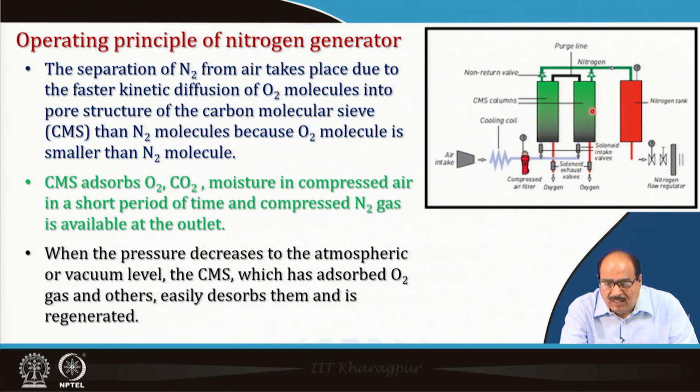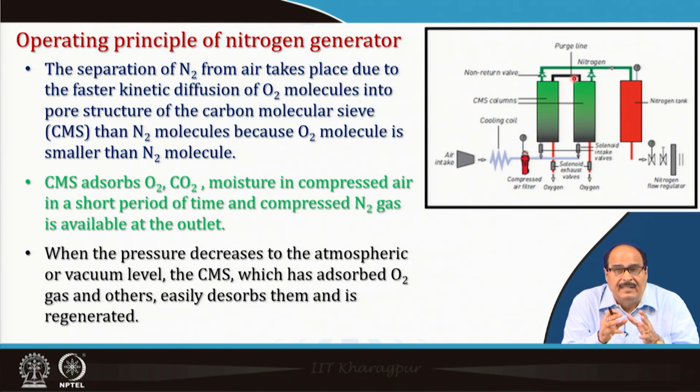In this schematic, the CMS adsorbs O2, CO2 and moisture in compressed air in a short period of time, and compressed nitrogen gas is available at the outlet. Then when the pressure is decreased to atmospheric or vacuum level, the CMS, which has adsorbed O2 and other gases, releases them and is regenerated.